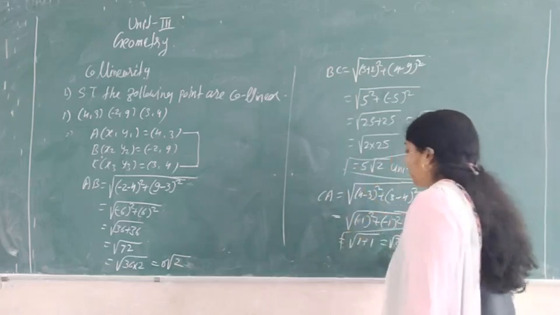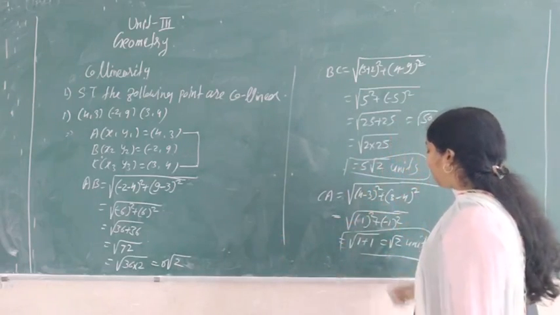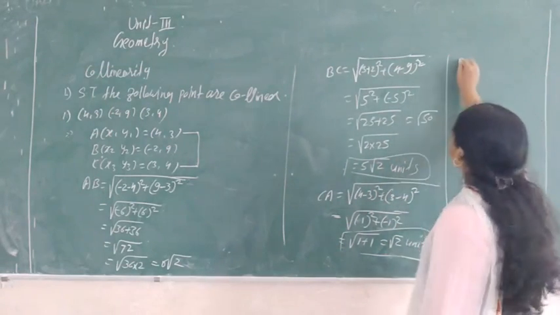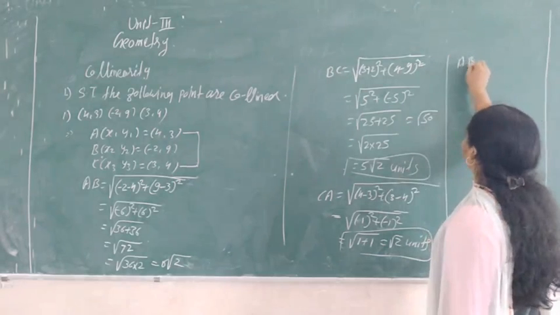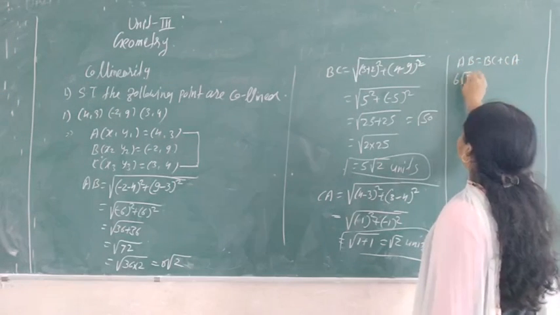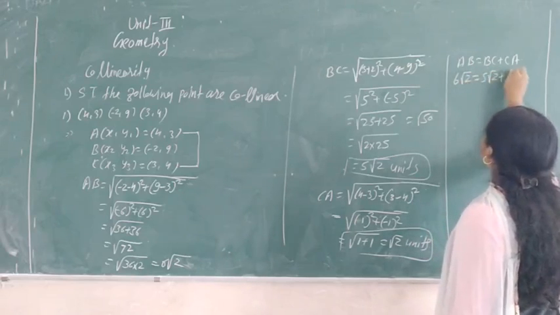Now compare all three distances. We have AB is 6 root 2, BC is 5 root 2 and CA is root 2 only. So we can write AB is equal to BC plus CA, because AB is 6 root 2, BC is 5 root 2 plus CA is root 2.